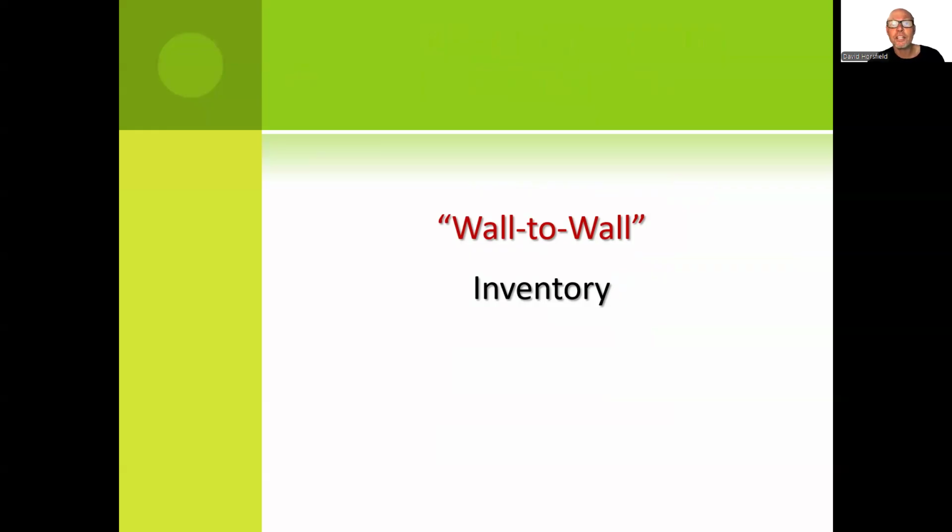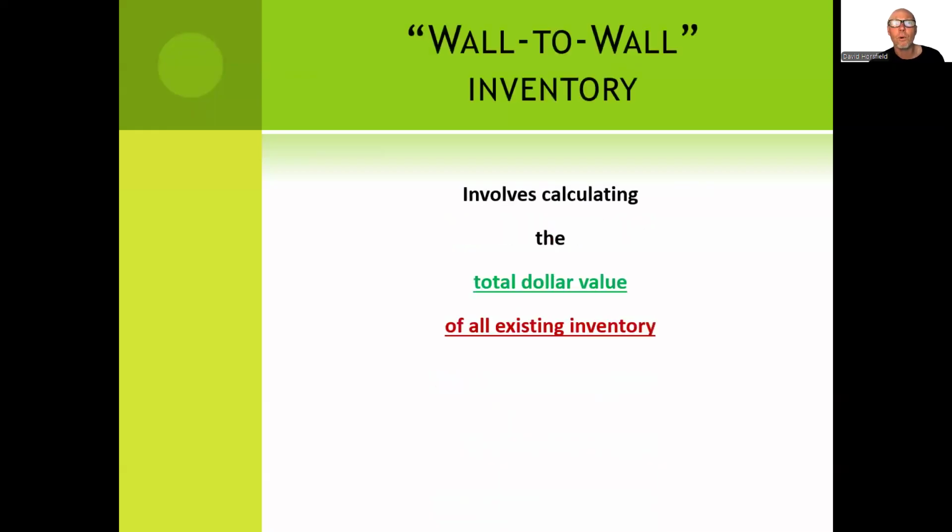Well, you literally start at one wall in a storeroom and you count every single thing that you have in that storeroom until you get all the way across to the other wall. That kind of sounds like a tedious task. It is. There's a lot of work involved in generating this wall-to-wall inventory, but it's really, really important.